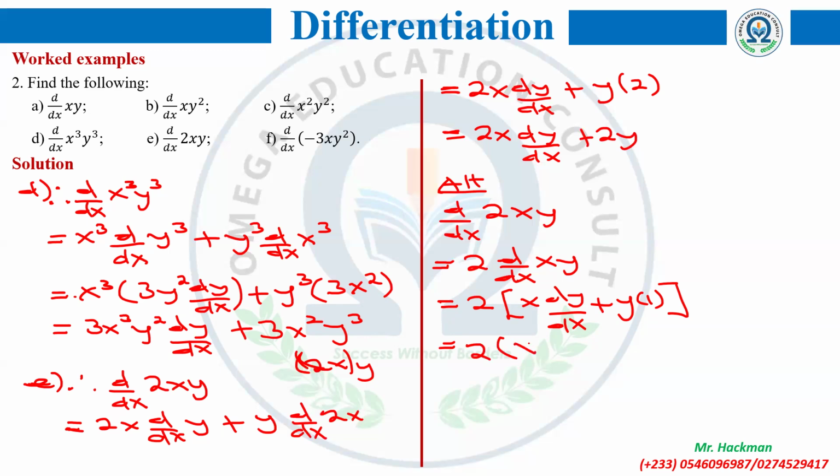So I'll get x dy dx here, then plus y. Now we come and remove the final bracket. So this will give us 2x dy dx, plus 2y. Is it the same as what we had initially? It's the same.